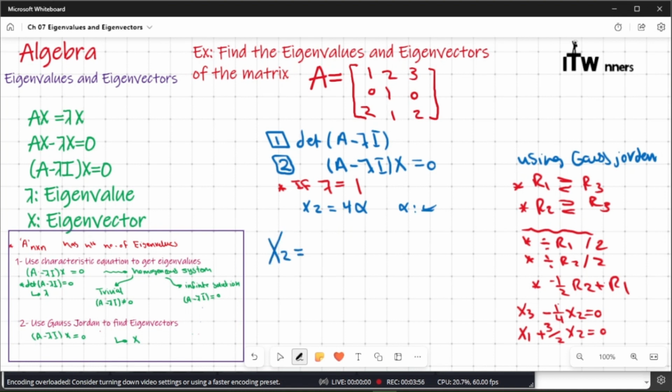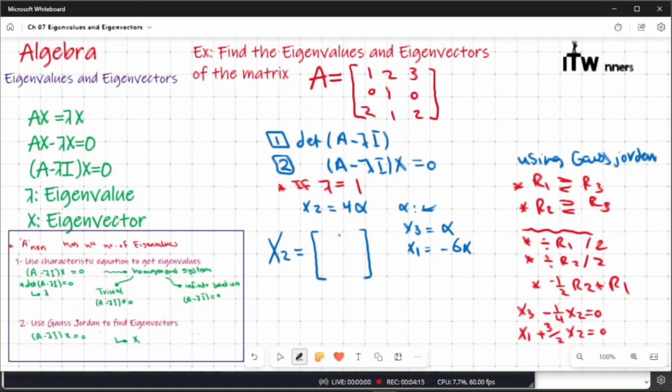The eigenvector x2 will be equal to: x3 equal to alpha, and x1 equal to negative 6 alpha.